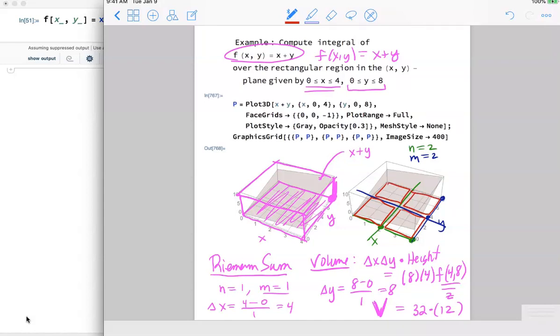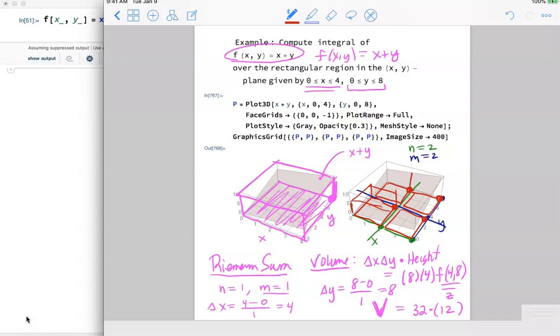And now we need to choose to evaluate the function at certain points of those rectangles. And again, I always like to do the upper right corner. So if we compute, we're going to get a rectangle here, and that's going to stick up a little bit.